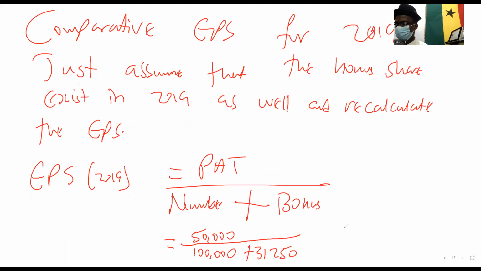So what do you get? Final answer. I need a final answer. So that would be $50,000 divided by 131,250.